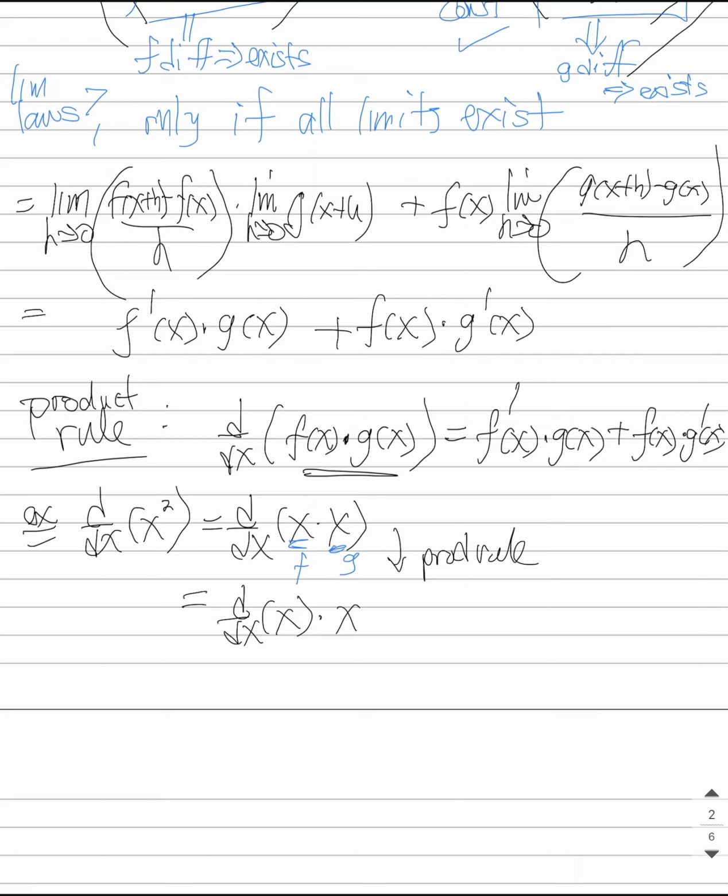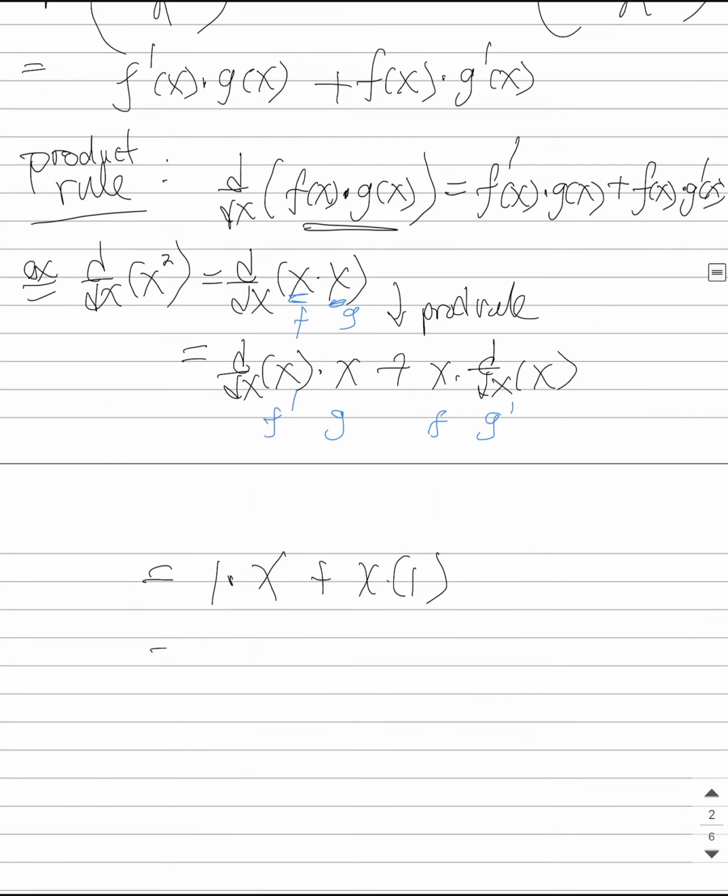So that would be f prime g plus the first times the derivative of the second. So that would be f g prime. And now I'm hoping that you can see the rule will produce the correct result. We will end up getting x plus x, which is in fact 2x, like it's supposed to be.